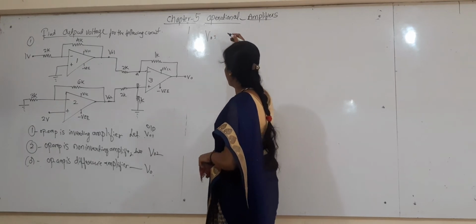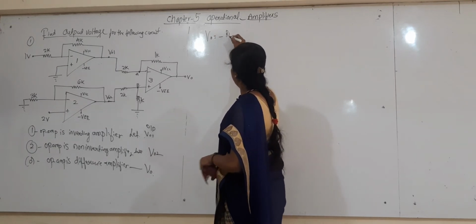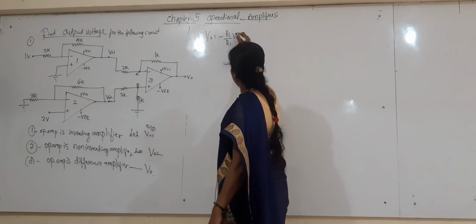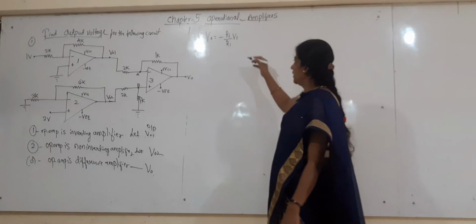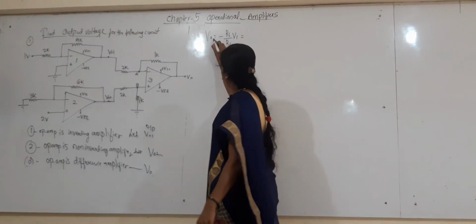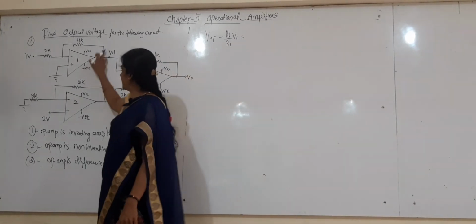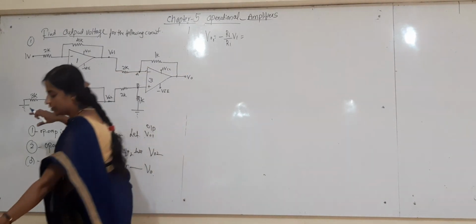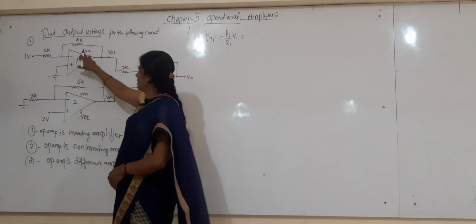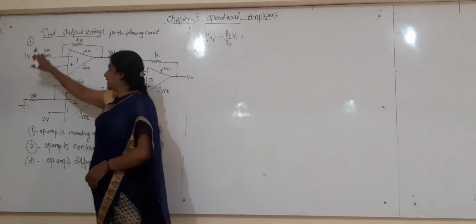For an inverting amplifier, the output is minus RF divided by R1 into V1. V1 is 1 volt. Here in this circuit, V01 is the output of the first, inverting operational amplifier. RF is 4K and R1 is 2K.